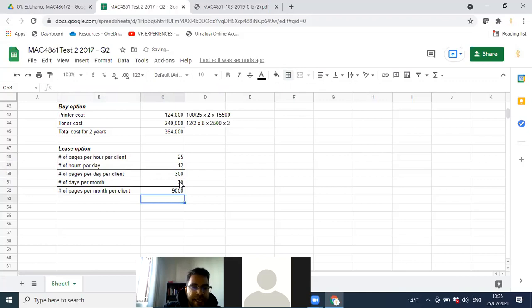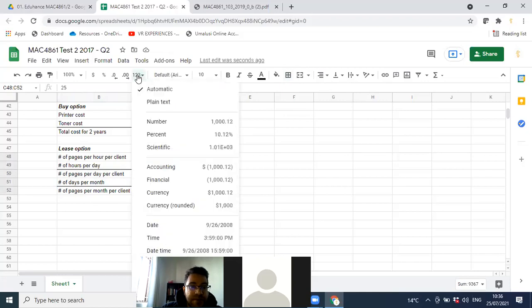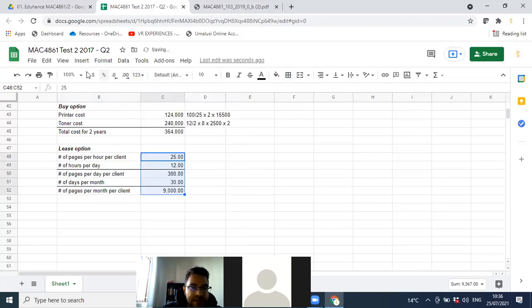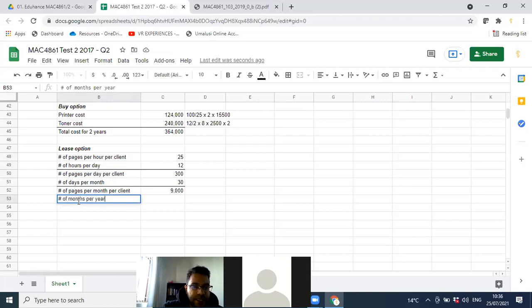Okay, so we're happy with that. So that's 9,000 pages per month per client. But how many months in the year? Number of months per year, that's going to give us 12.